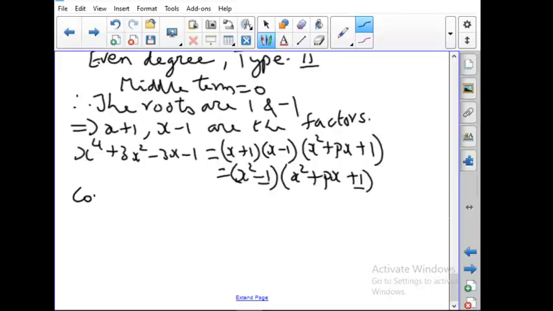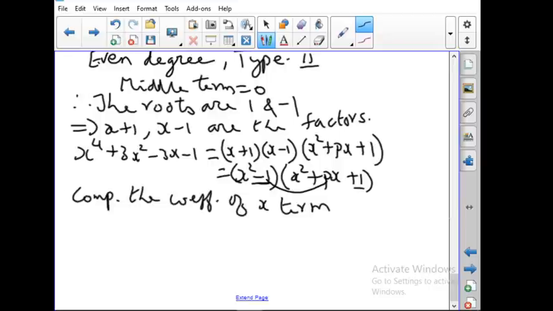Now comparing the coefficients, equating the coefficient of the x term. What are the x term coefficients?